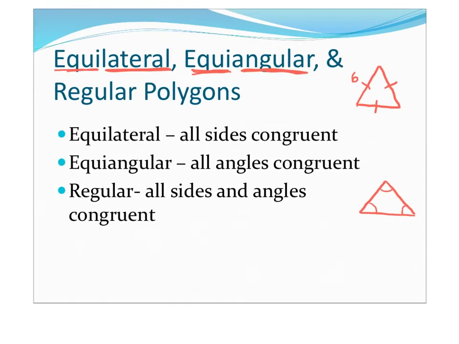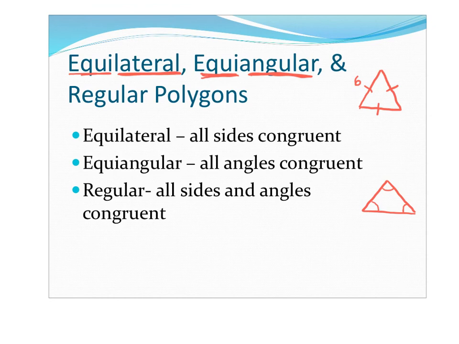If you're falling asleep on me, find a way to wake back up, because this is where the stuff that you're going to be tested on is coming. So, equilateral means all the sides are congruent. Equiangular means all the angles are congruent. So we have this word regular. Regular doesn't mean just a regular old, boring square or triangle.